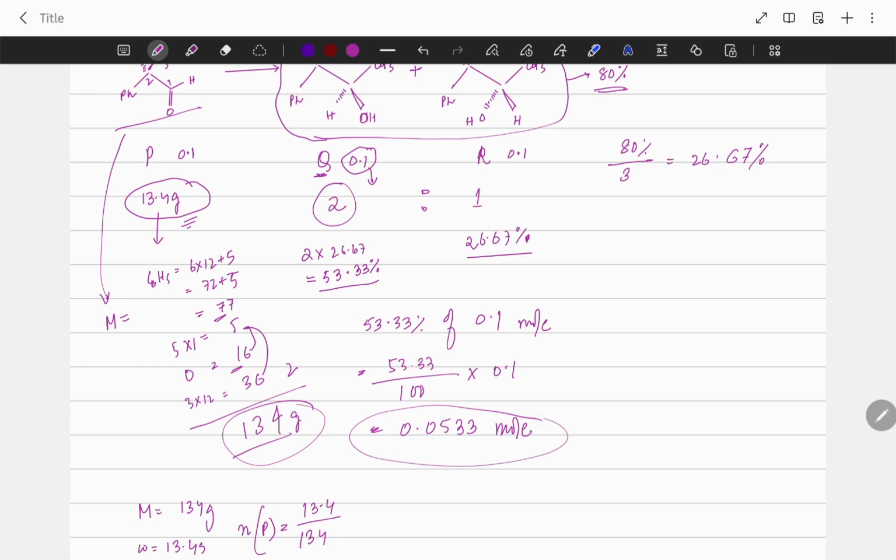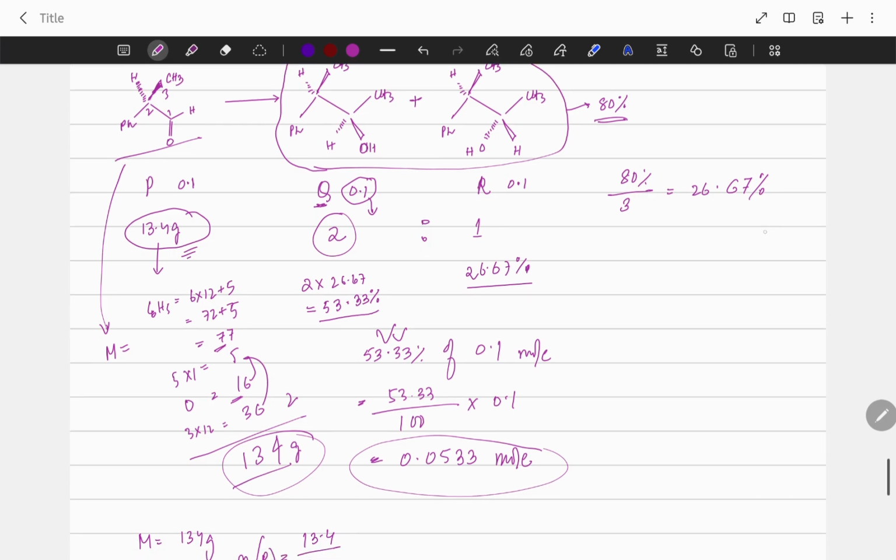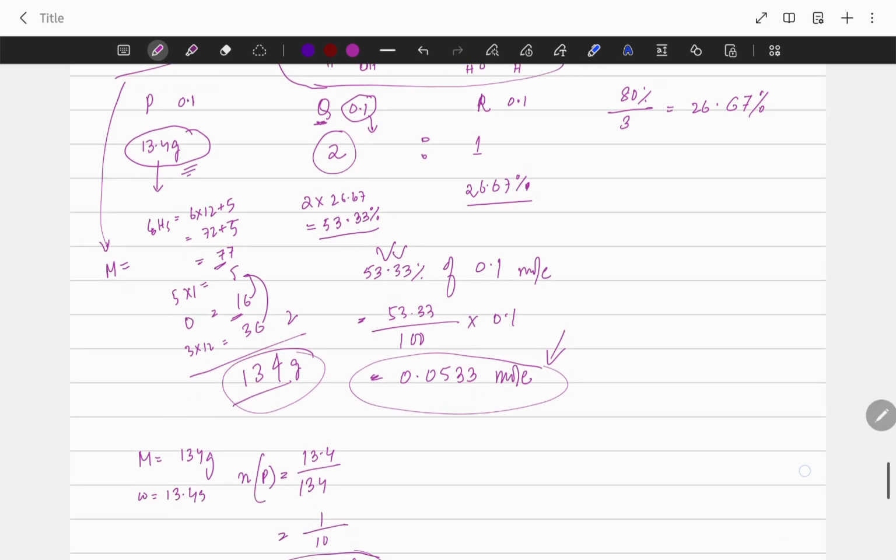Why do you have to calculate this? Because overall the amount of Q and R is not 100%. It's 80%. The product yield is 80%. So this is the amount of mole of Q that we will get if we take 13.4 gram and the product yield is 80%.